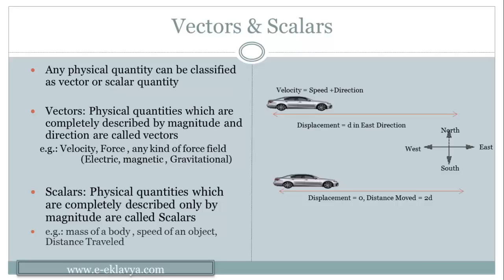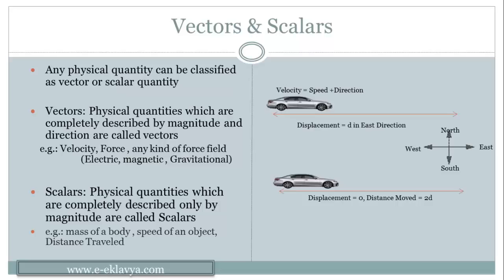If you have to say the mass of a body, or let's say the speed of an object, or the distance traveled, for example, you say the car traveled a distance of 10 kilometers, right? The physical quantity that we are describing here is distance.